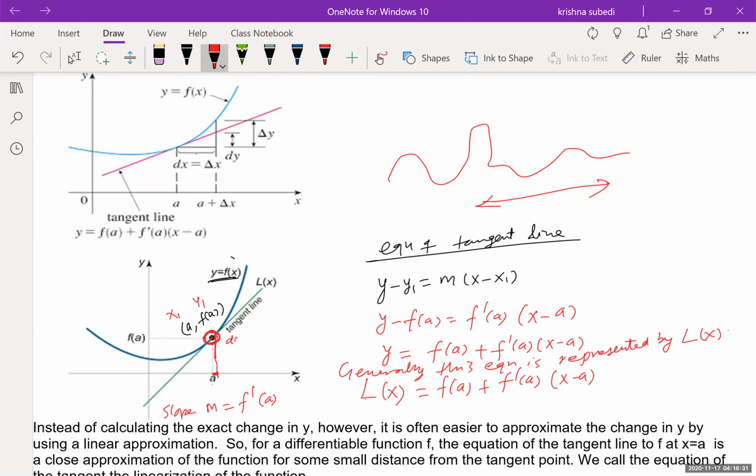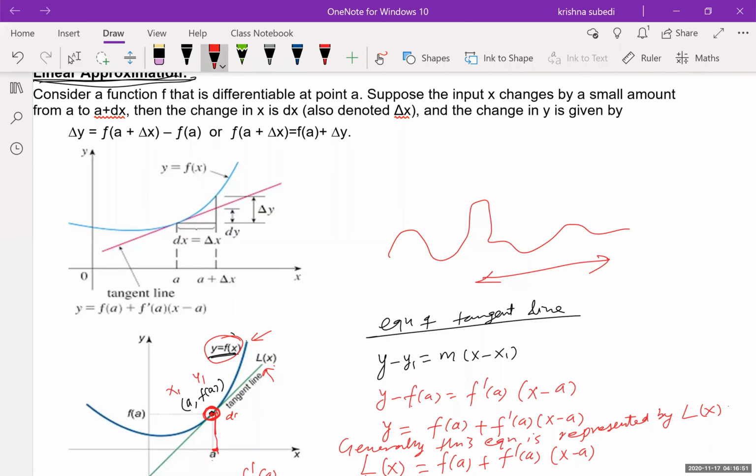So what we want to do is, instead of dealing with the curve, which is a little bit difficult, we will deal with the straight line, and we find the value on the straight line, and then we say that this is approximately equal to the value of that given function. So that's the whole idea in this case.